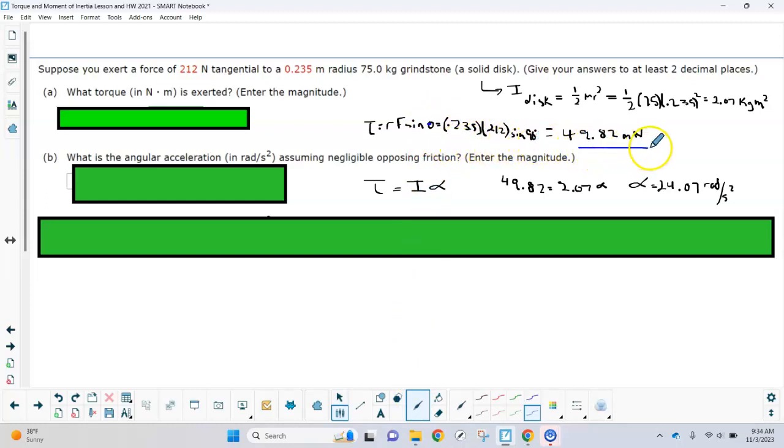You get 49.82 meter newtons for the torque. And then for the angular acceleration, we're going to take this number and divide it by this 2.07, or the alpha, using Newton's second law for rotating bodies. So 49.82 divided by 2.07 gets you the answer here, which is 24.07 rads per second squared.